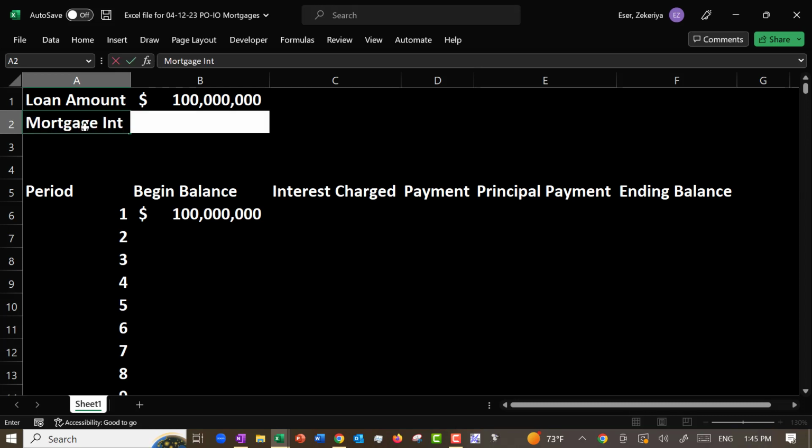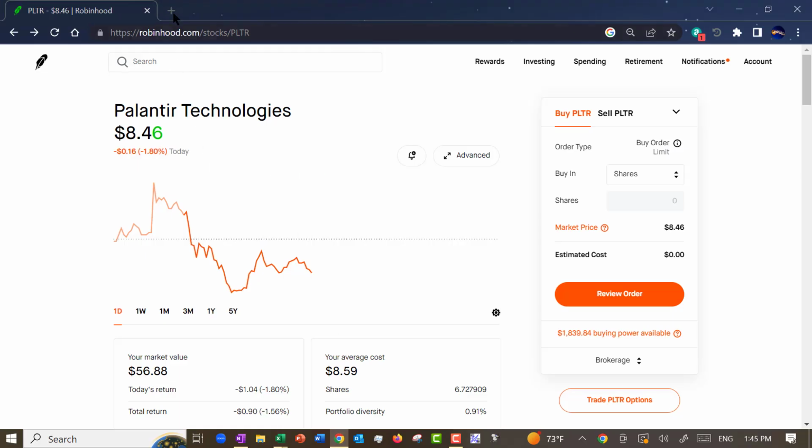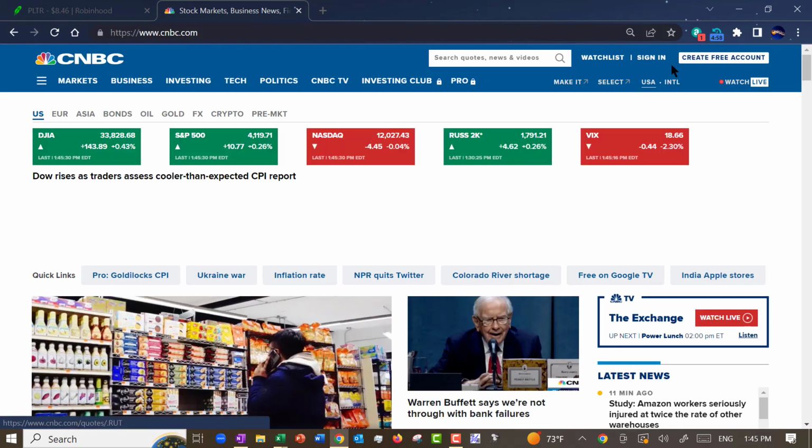Mortgage interest. I know this is a pool, but act as if you have a single $100 million mortgage. Let's actually find out what's the rate.